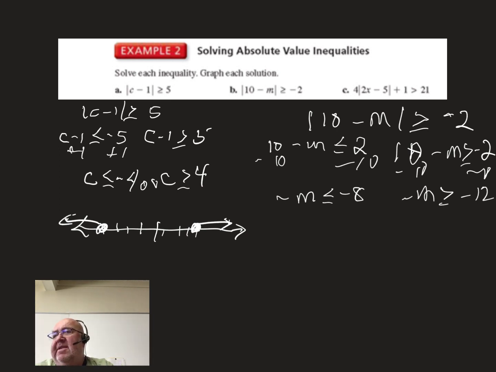The negative in front of the m means that we're going to be multiplying or dividing by negative 1. It doesn't matter. All we're going to do is change signs for everything.